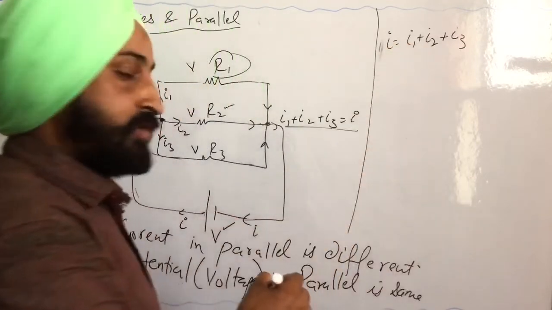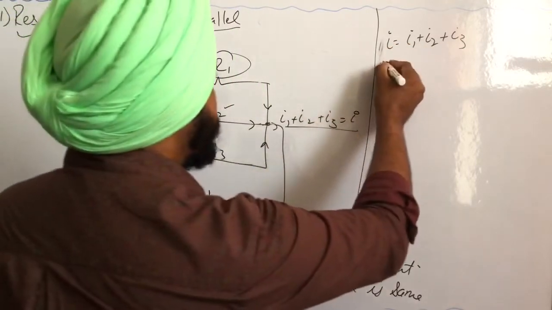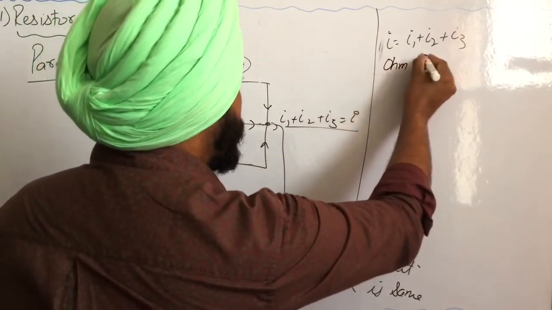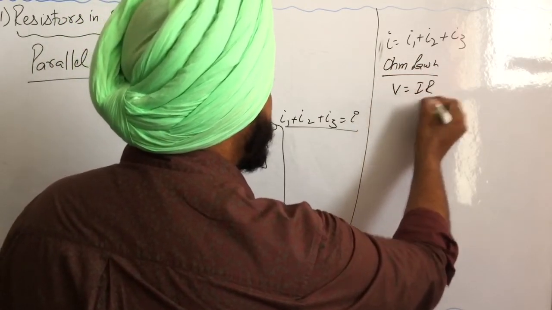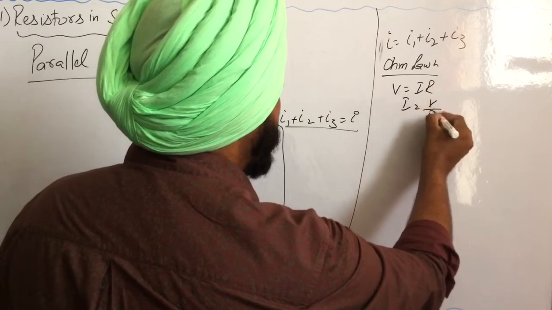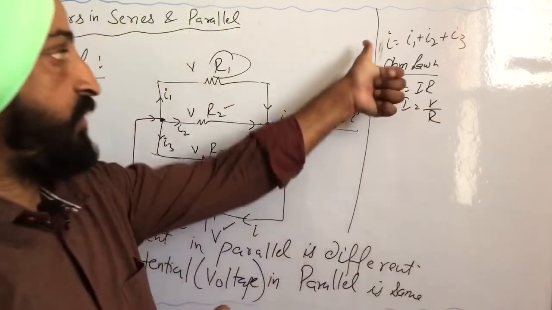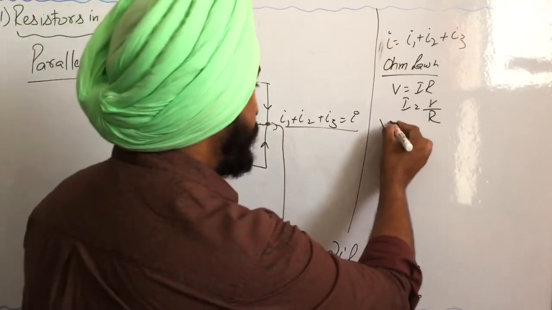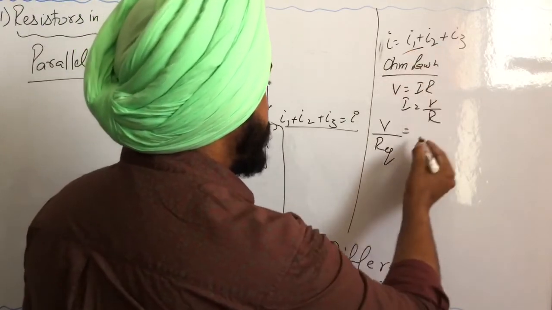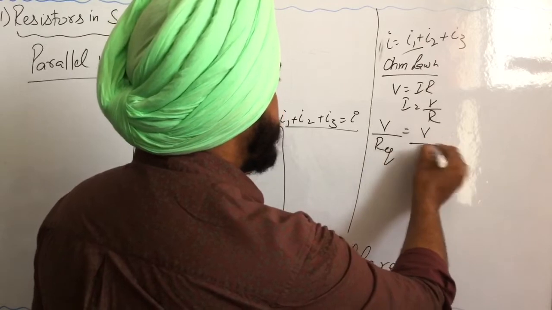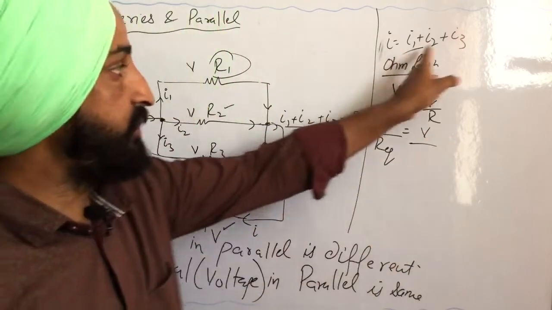So what would be the total current using Ohm's law? From Ohm's law, we have V is equal to IR, or I is equal to V upon R. So in place of I, I can write V over equivalent resistance. In place of I1, I can write V over R1, because voltage is the same in all three resistors.